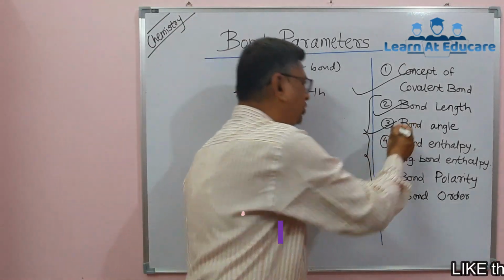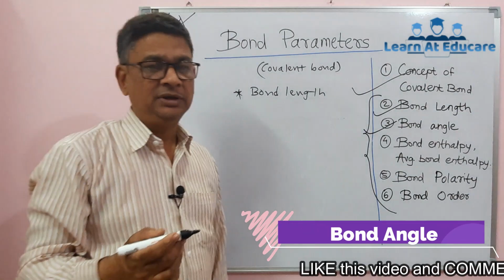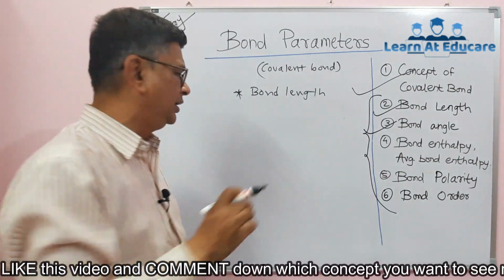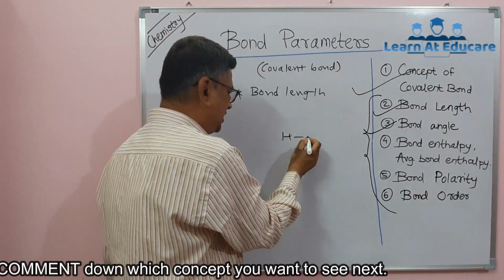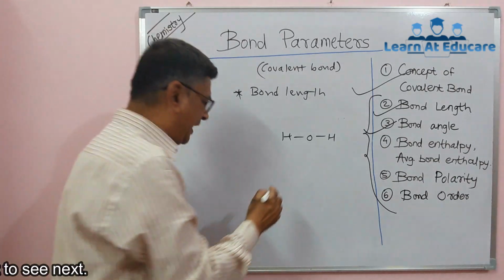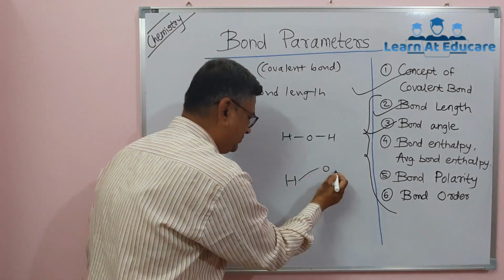The next is bond angle, a very important concept. The angle between two adjacent bonds is called the bond angle. For example, take the water molecule H-O-H. Even if it is shown something like this, practically it is something like this.